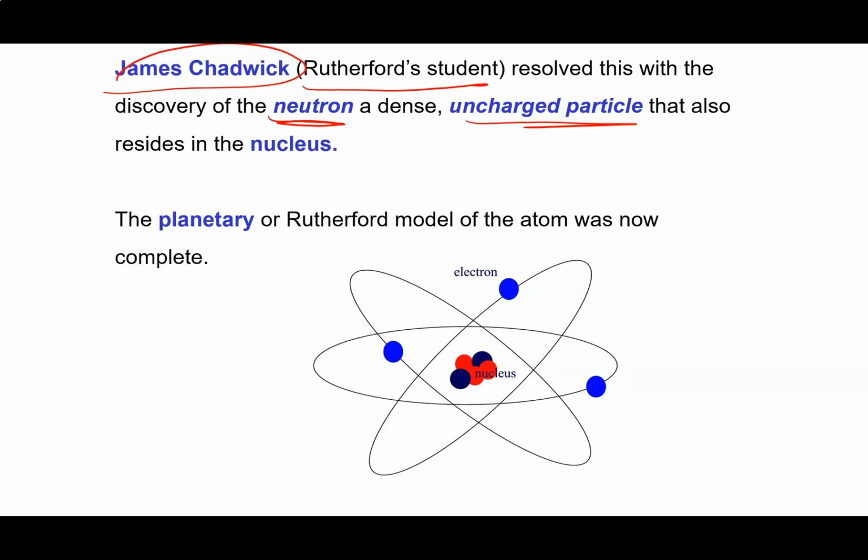Remember that the total volume of the atom is a sphere that has a radius of about 10 to the minus 10 meters, and of that, the nucleus is only 1/100,000th of that volume. Right? So the nucleus is tiny in comparison to the total volume of the atom.